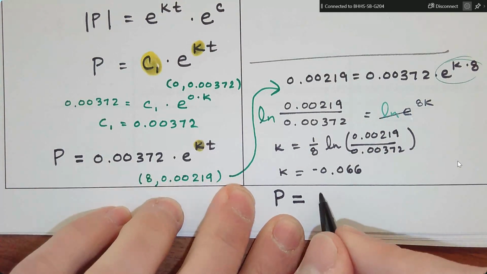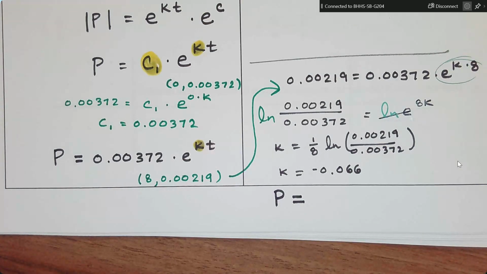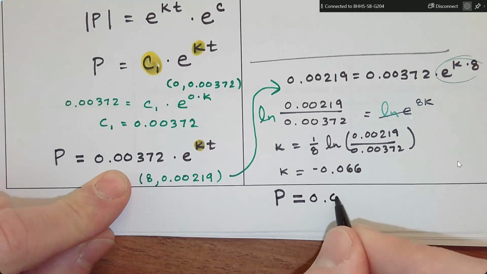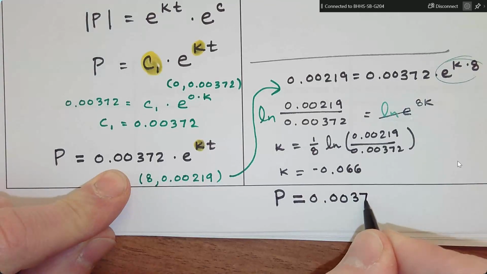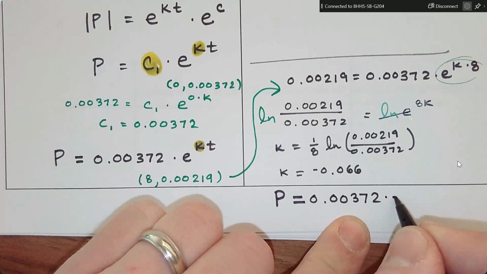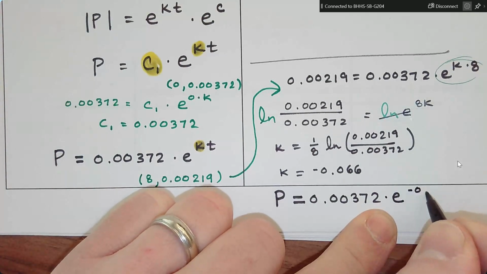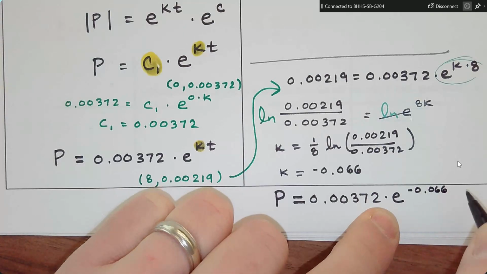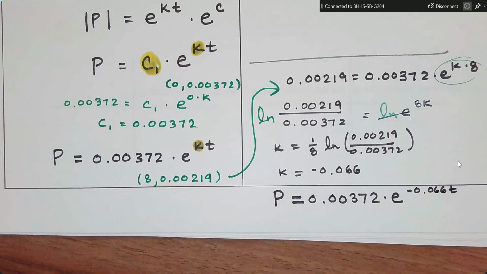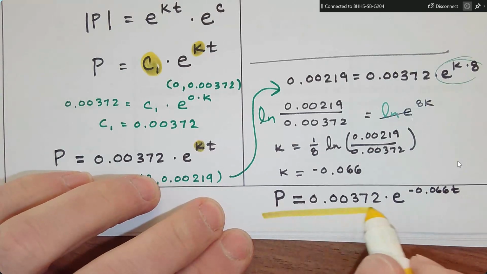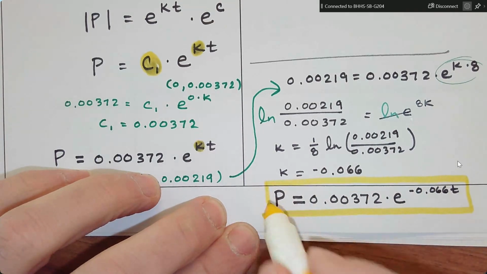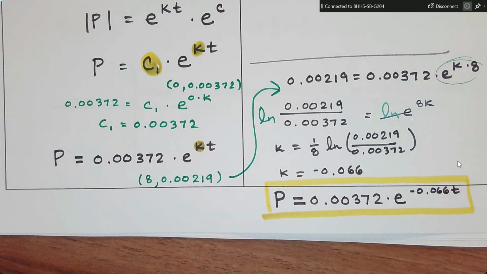The poison is equal to 0.00372 times e to the negative 0.066 t. Okay, anything we're not sure about there? Okay, so we got it, folks. We have the equation we need.